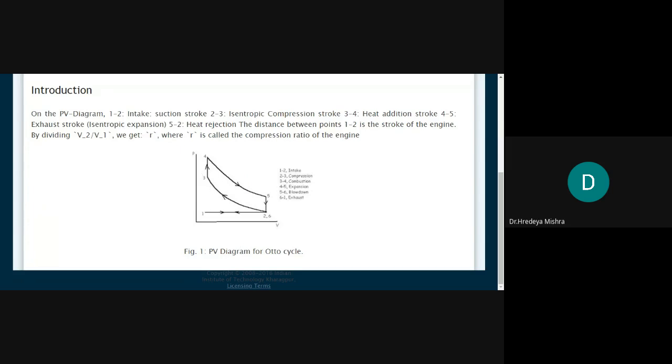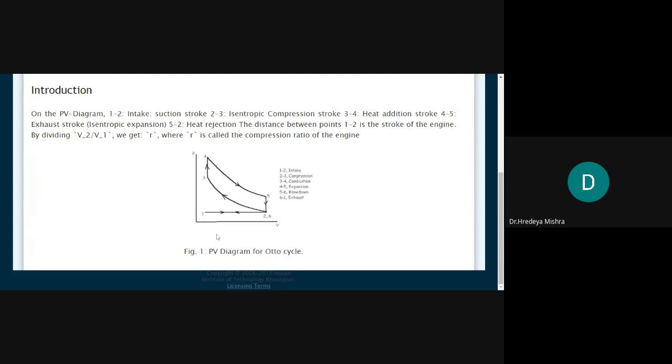PV diagram for the Otto cycle. So here 1 to 2 is intake, 2 to 3 compression, 3 to 4 combustion, 4 to 5 expansion, 5 to 6 blow down, and 6 to 1 is exhaust.